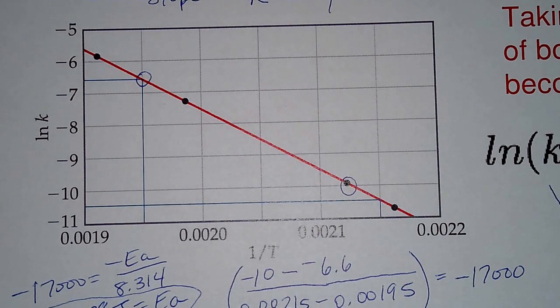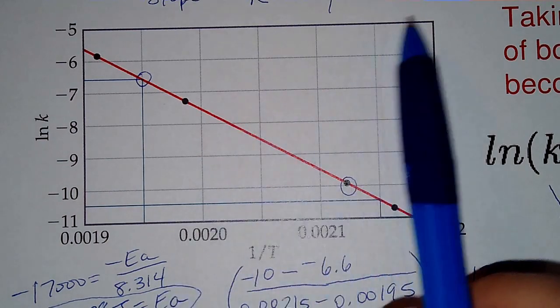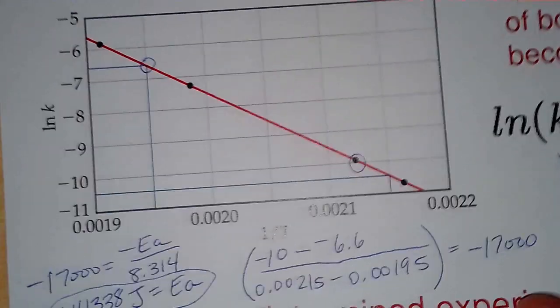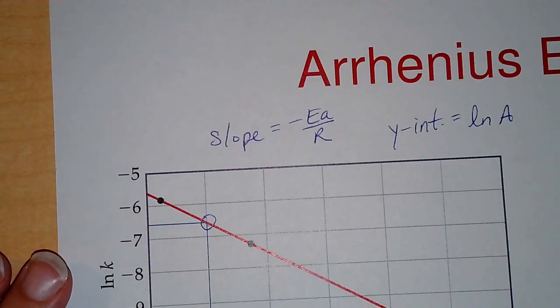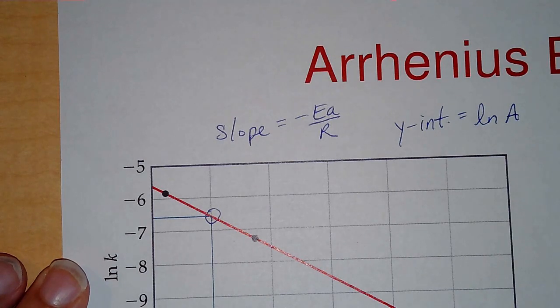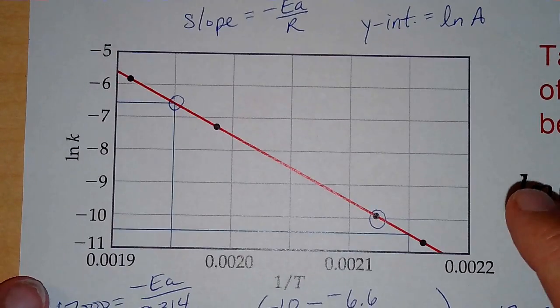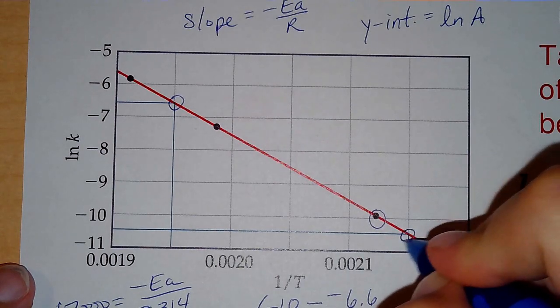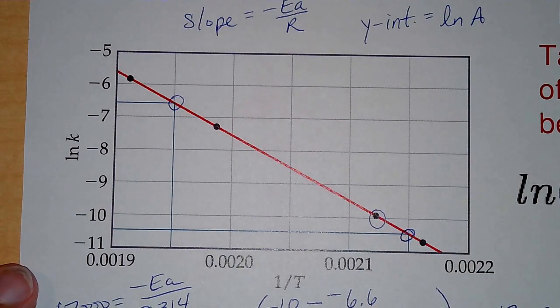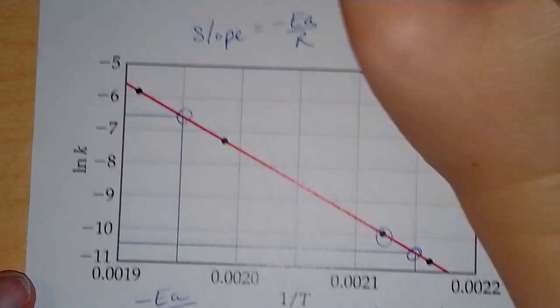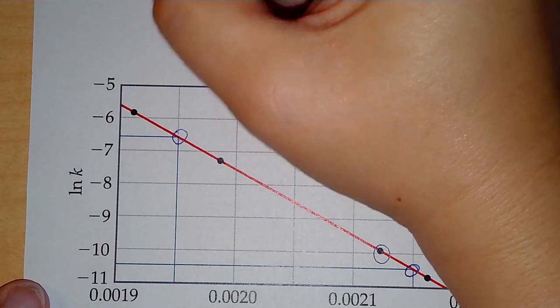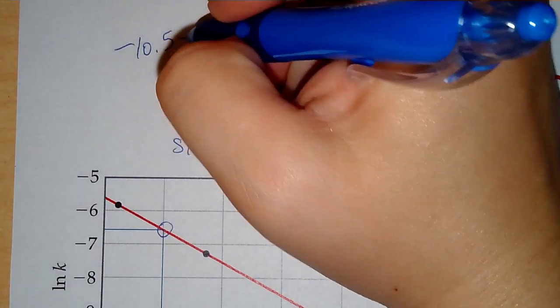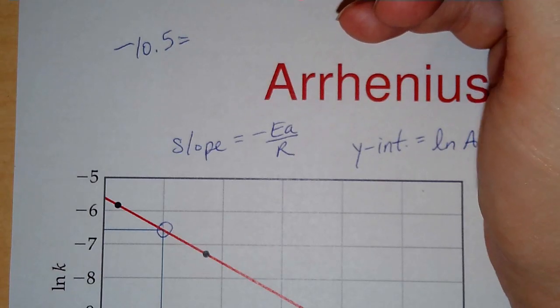And once we have the slope, we can use that value to find the ln of A. So now I'm just going to pick a point on the line, and it doesn't matter which one. Let's pick this other one down here that looks like it might be easy to figure out. And I'm going to fill in my values. So my y is going to be negative 10.5. I now have my slope, which was negative 17,000.